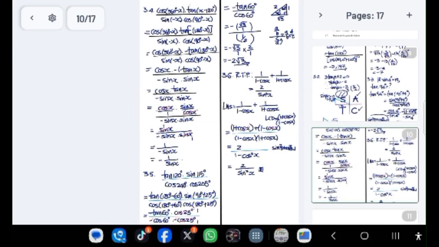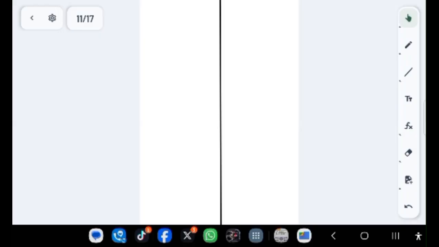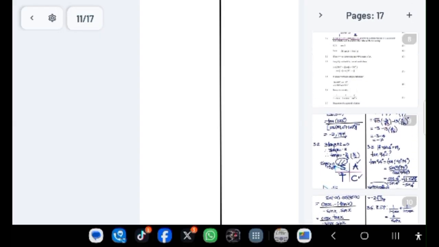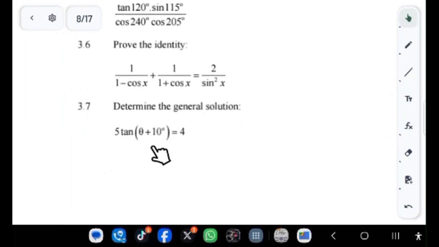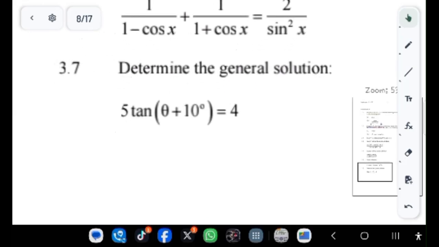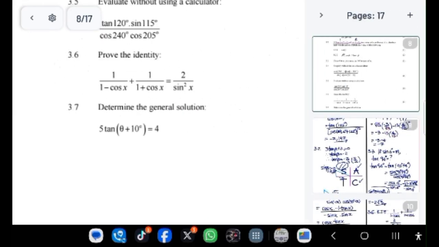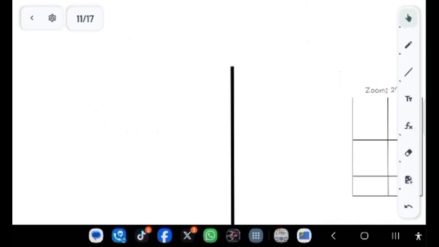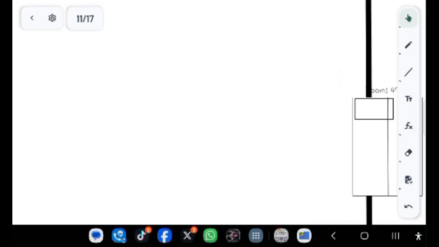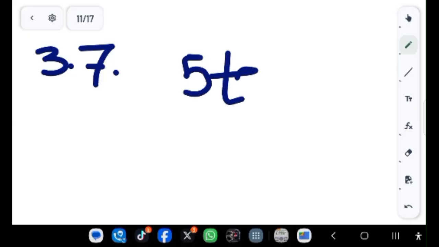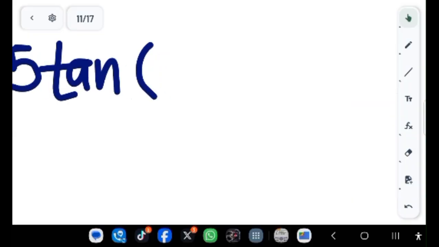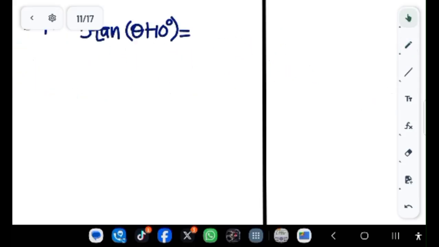Last question. Let's check this. Last question is, determine the general solution of 5 sin of theta plus 10 degrees equals 4. Right, 3.7. We're supposed to find sin of theta plus 10 degrees equals what?